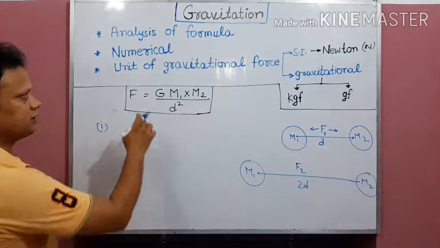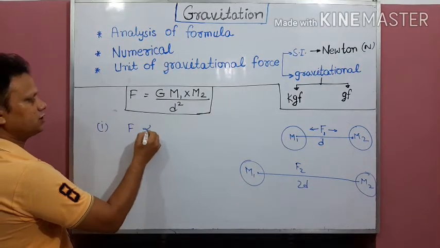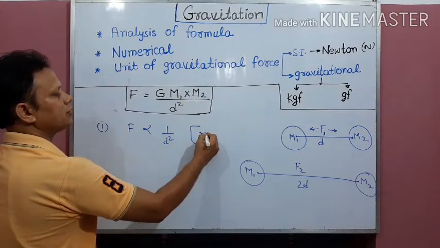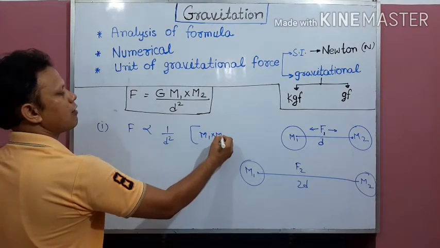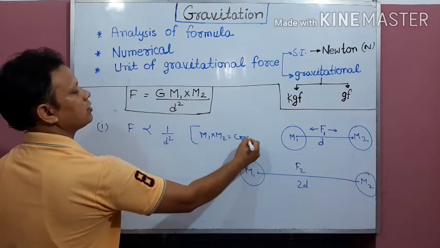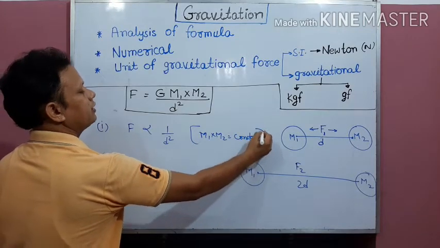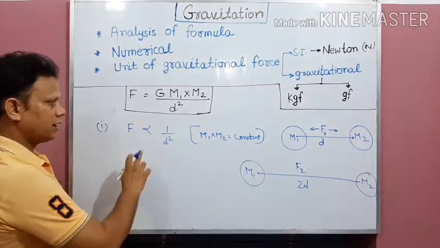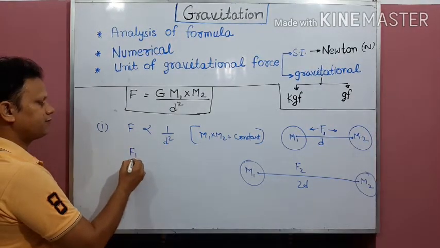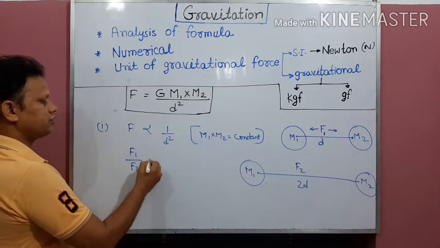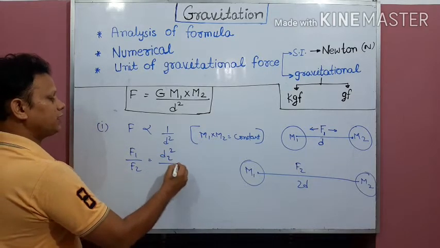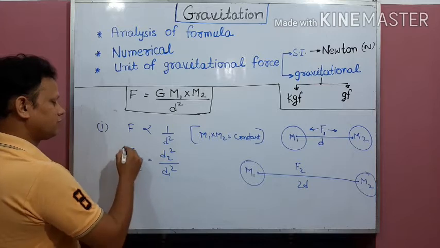Now on the basis of distance, F is inversely proportional to D square, when the product of masses is constant, take care of that. Now from this we can compare F1 by F2 is equal to D2 square by D1 square.